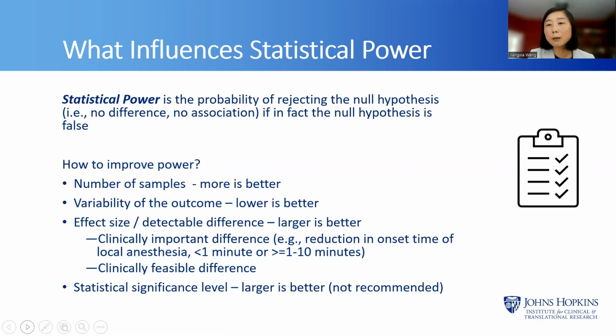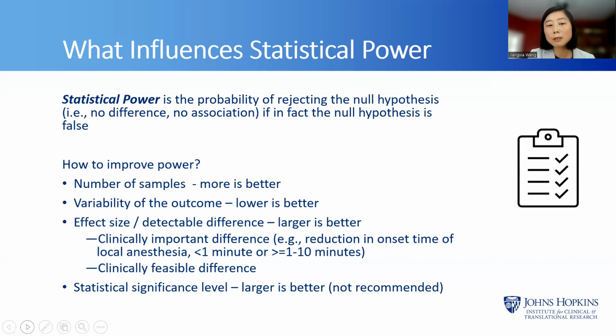But at the same time, we have to think about whether this difference is clinically feasible. If it's something already reduced so much that it can't be any lower, then 1 to 10 minutes may not be a realistic goal. Then we have to go by a smaller detectable difference.